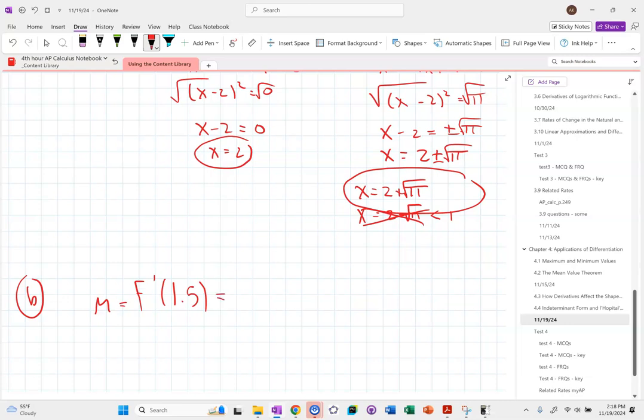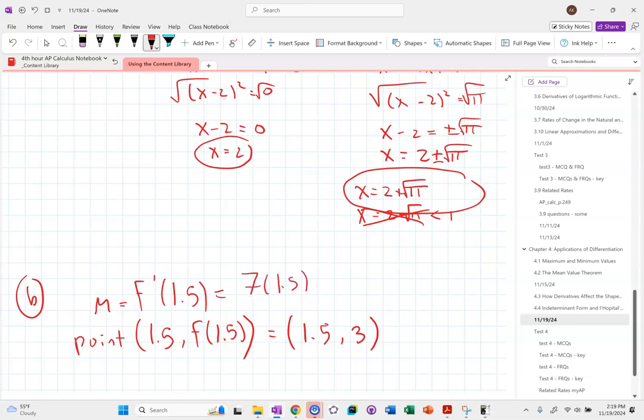Oh, I'm sorry. We're told that f of 1.5 is 3, and my point that I'm going to use is 1.5 comma f of 1.5. To find f prime of 1.5, I'm just going to plug that into the function for the derivative.